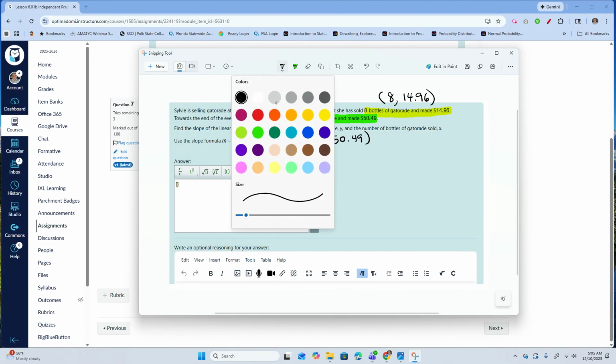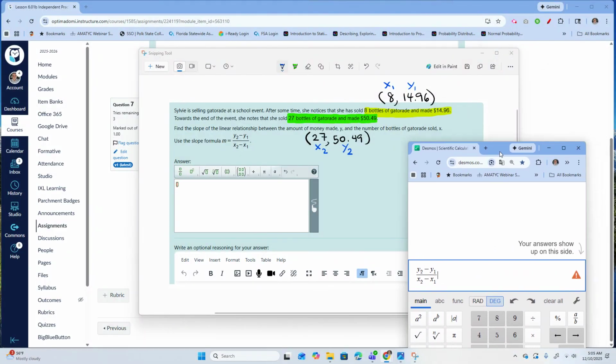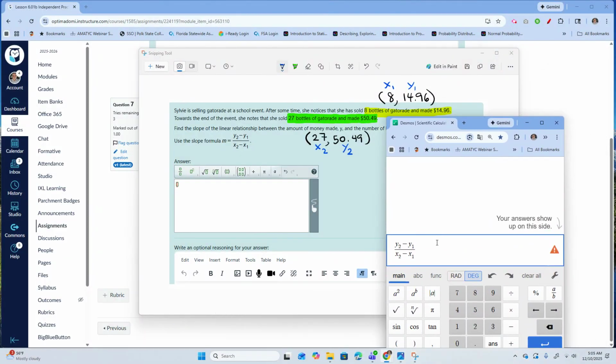And after you have your two pairs, I'm going to change colors here now. The one that I highlighted in yellow, this is going to be X1, Y1. The one that I highlighted in green, that will be X2 and Y2. And now you're ready to use the formula, which I already have in the calculator, and start replacing.